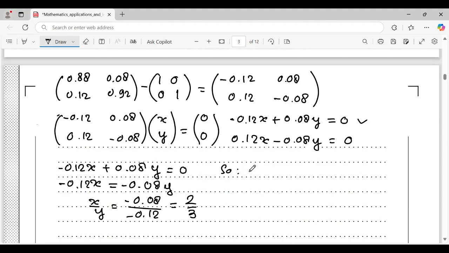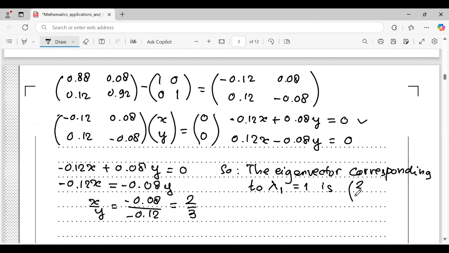So we can state that the eigenvector corresponding to the first lambda equal 1 is 2 and 3, this column matrix.